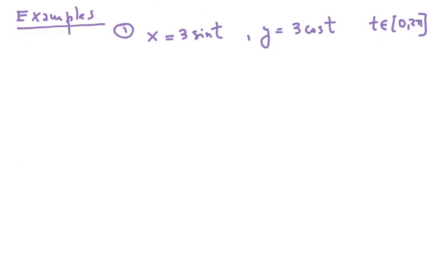So the first example, let's consider the curve given by the x and y like this. And I want the arc length when t belongs to the interval 0 to 2 pi. I mean the arc length of this curve from t equals 0 to t equals 2 pi. If we draw this curve in parametrics, we will see that this is just a circle of radius 3.